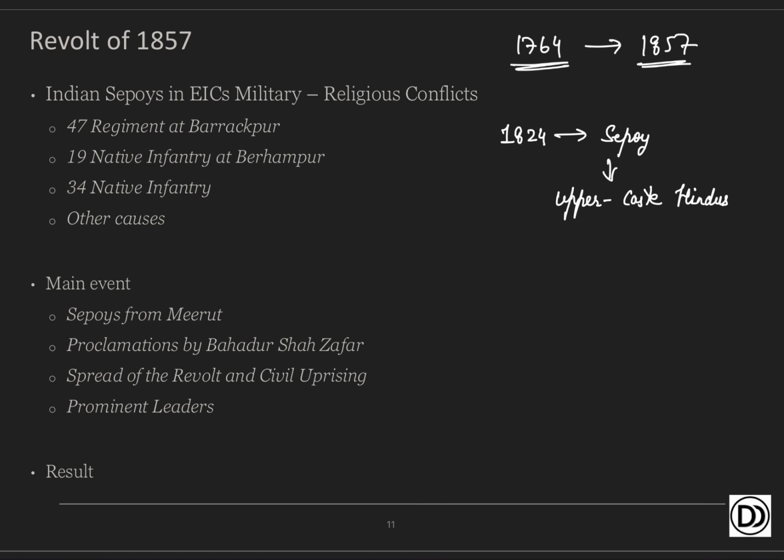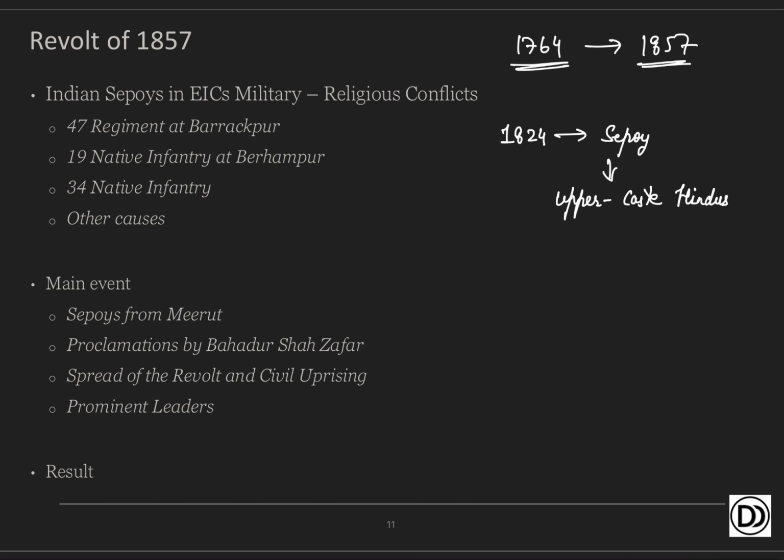Now, British and Indian sepoys used to have conflicts related to religious practices. There are few things that Hindus are prohibited to do according to their religion. But British didn't consider this. They demanded the sepoys that you stay loyal to the company and follow the orders.